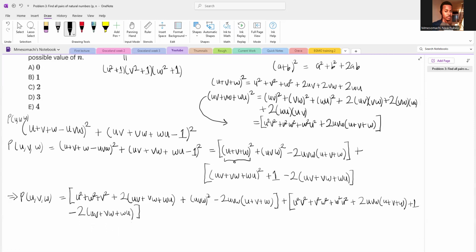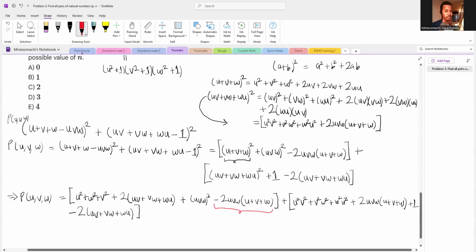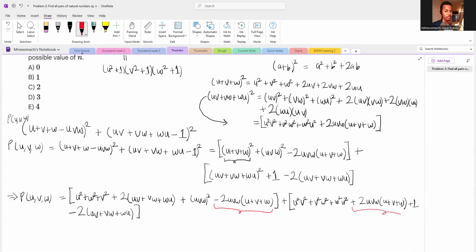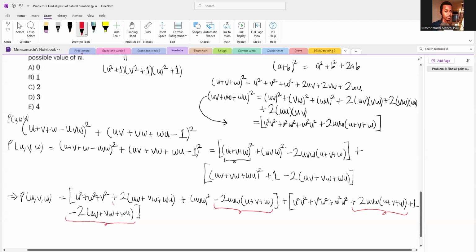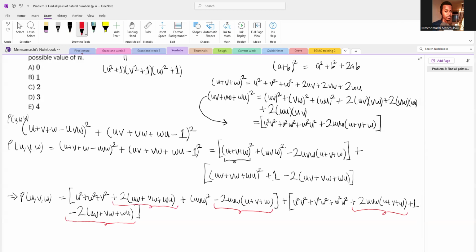So now looking at this, we can see immediately that some things will cancel out. We have minus 2UVW into (U plus V plus W) here, and plus 2UVW into (U plus V plus W) here. So these two go. Also we have minus 2 into (UV plus VW plus WU) here, and plus 2 into (UV plus VW plus WU) here. So those two go.